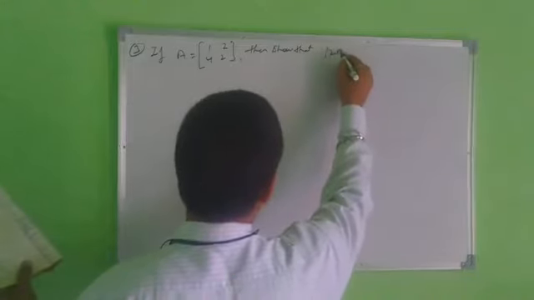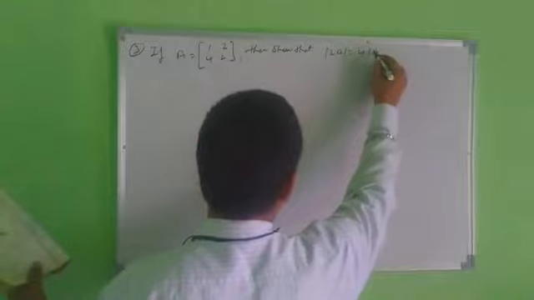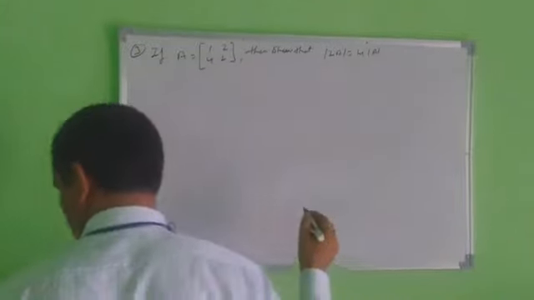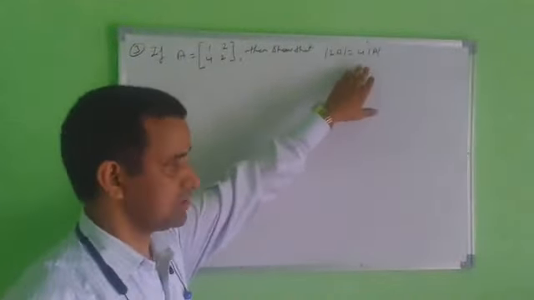We determine whether the determinant of 2A equals 4 times the determinant of A. So now look here, how to solve this type of question, whether the left hand side equals the right hand side or not.